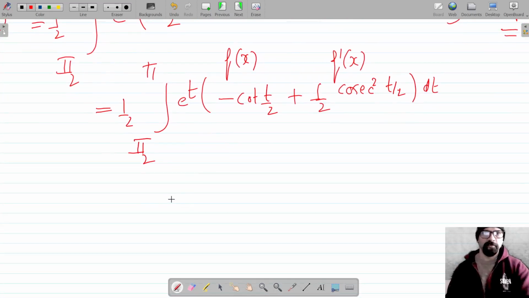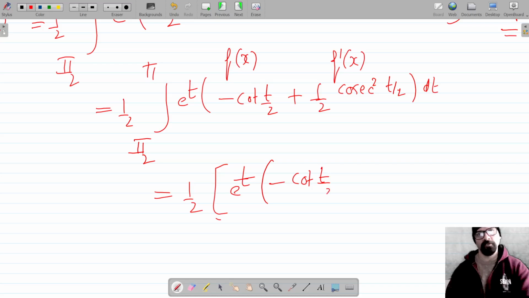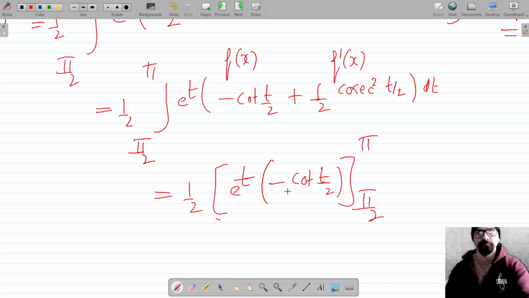So this becomes half e raised power t, and f of x is negative cot t by 2, evaluated for the limits pi by 2 to pi. So this is our f of x.